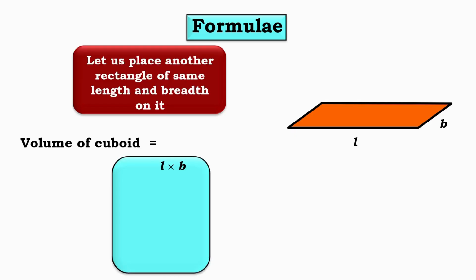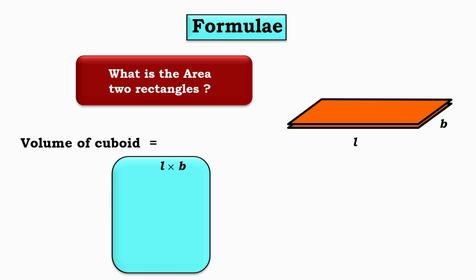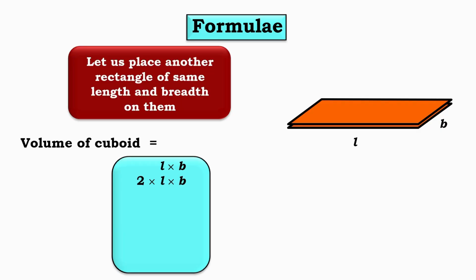Now, let us place another rectangle of the same length and breadth on it. You can see clearly the area of the two rectangles is now 2 into L into B. Now, let us place another rectangle of the same length and breadth on them.